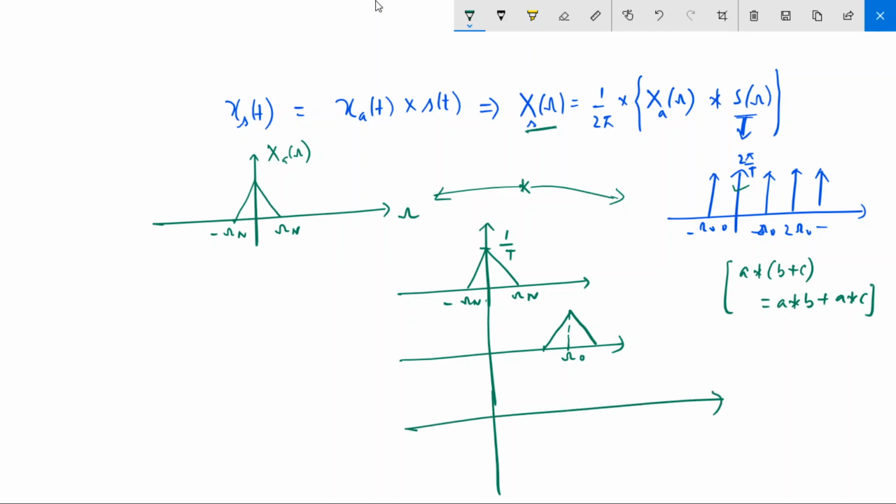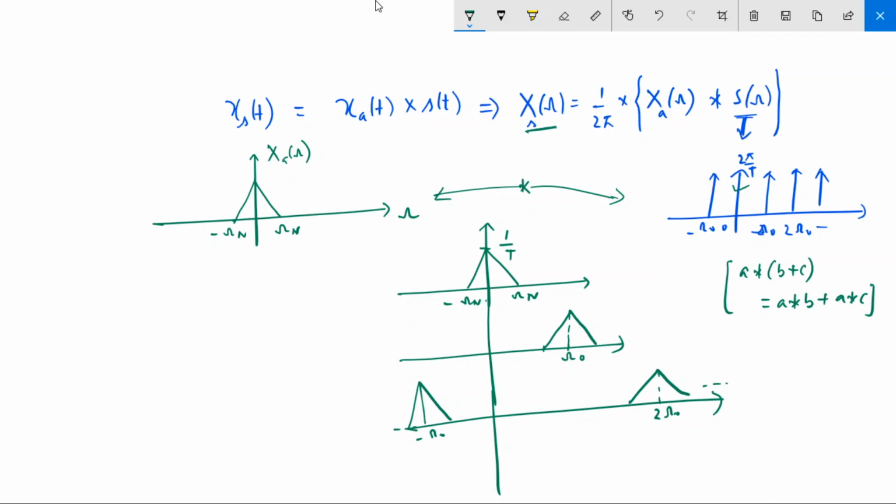Omega naught or omega s, whatever you have chosen. Similarly, when you convolve this spectrum with the third pulse here, you will get the same spectrum shifted in frequency by 2 omega naught, so this spectrum is shifted to 2 omega naught, and so on. Similarly on the left side, these impulses will shift this spectrum to the left, to minus omega naught.